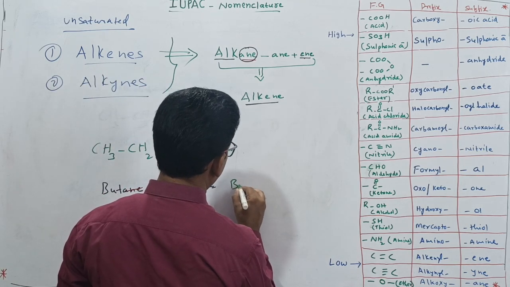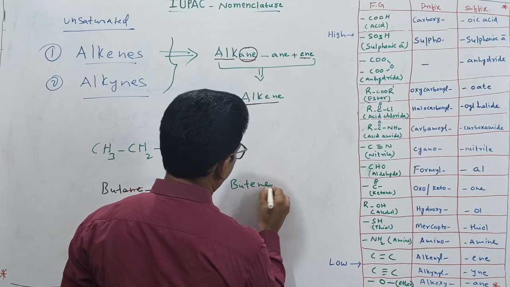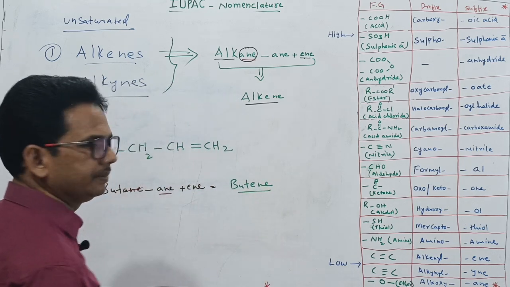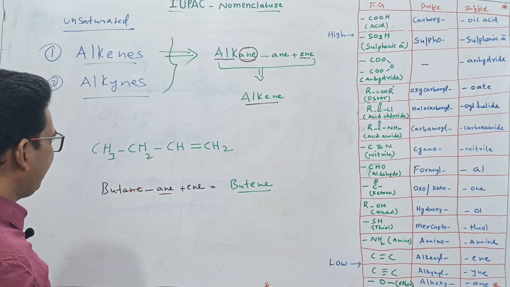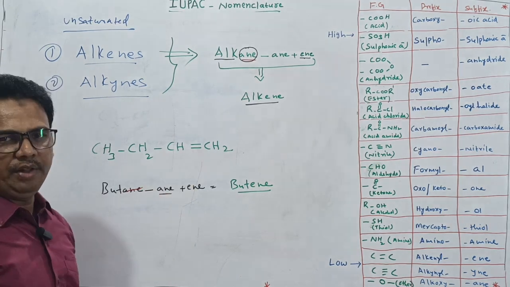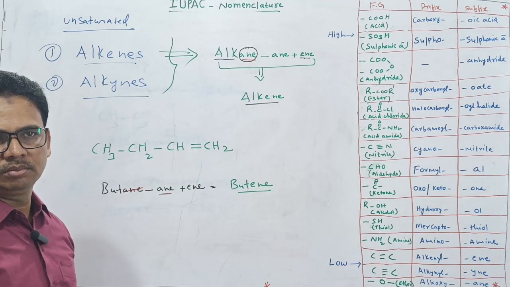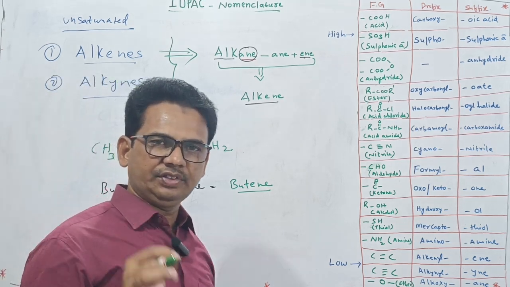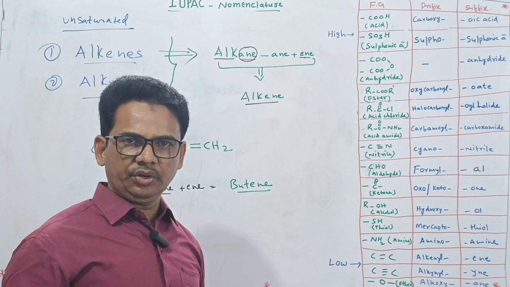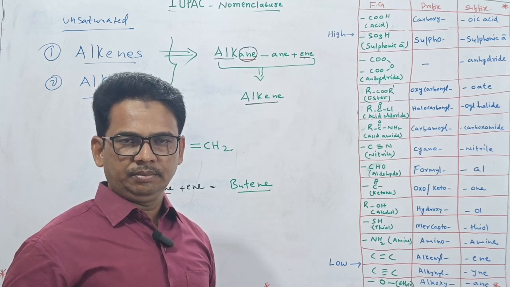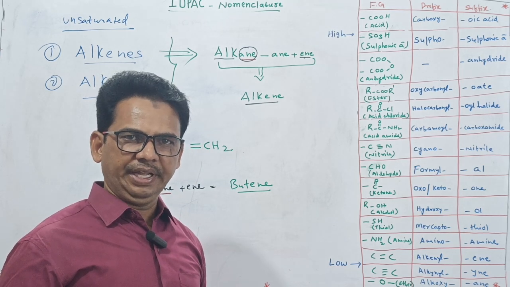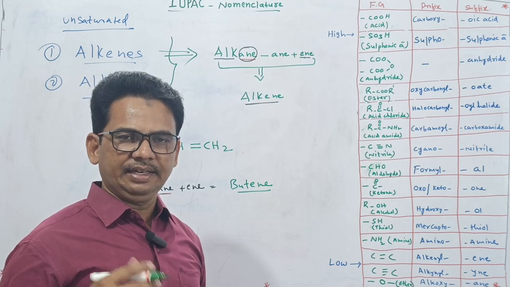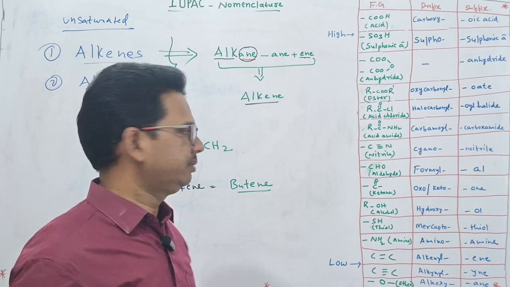Then what does it come to? Butene. Sometimes you can write it as 1-butene also. Generally, whenever the double bond is present at the first position, we are not going to give the numbering. Because butene means we can understand that at the first position there is the double bond.